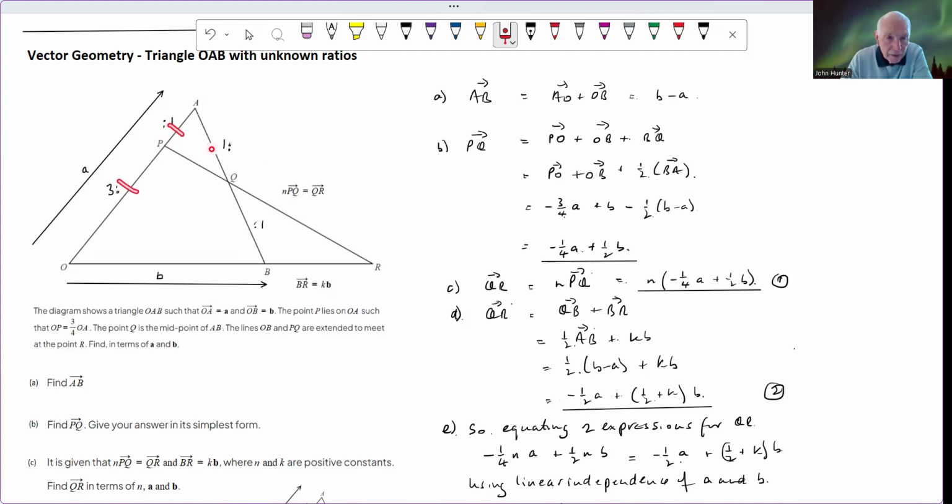One, two, three, four, five, six, seven, eight. 8 line segments in there when we break it right down into constituent parts. How much information are we given? Well, we're given a, we're given b, we're given two ratios here. That's 4 pieces of information.